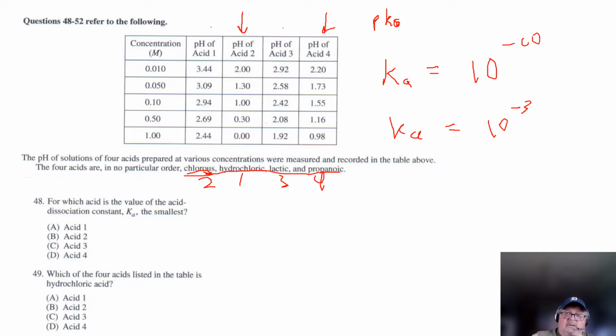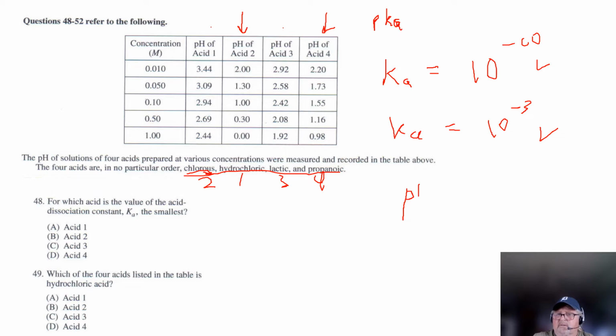If I take a look at these two guys and figure out their pKa, you can see that this guy has a smaller Ka than this one. So how can that relate to pH? Let's change these to something like their pH. It's not exact, but it's a useful term.